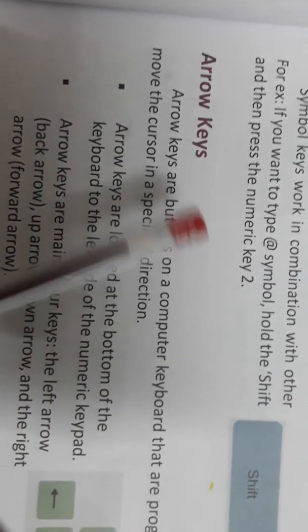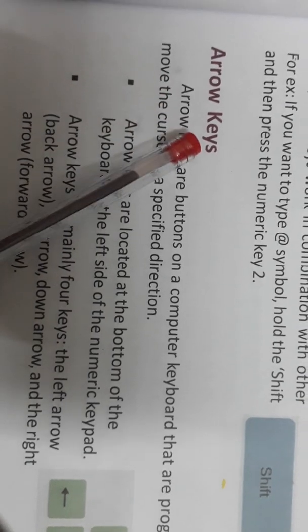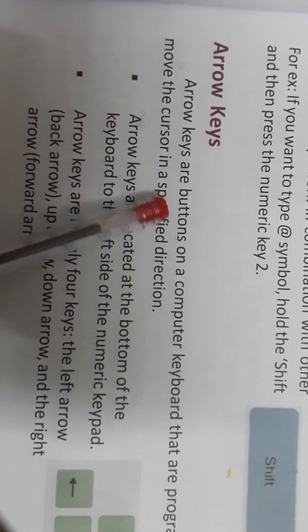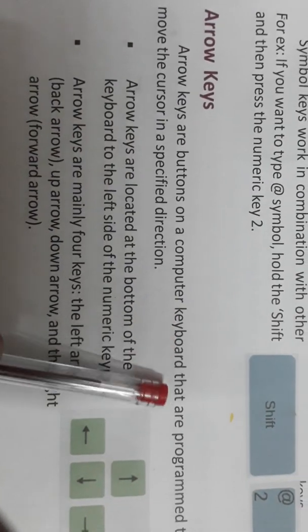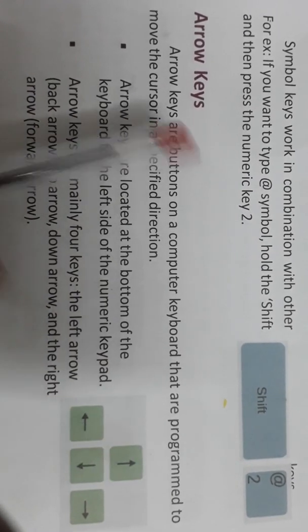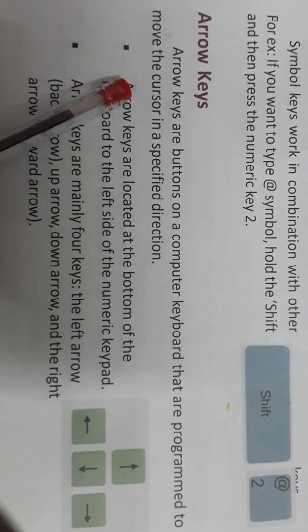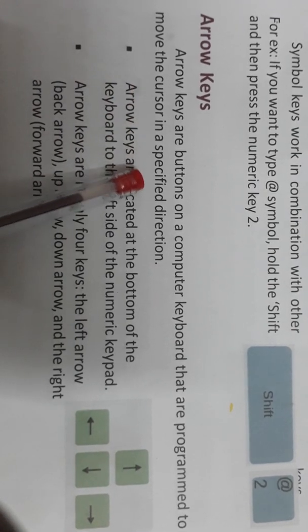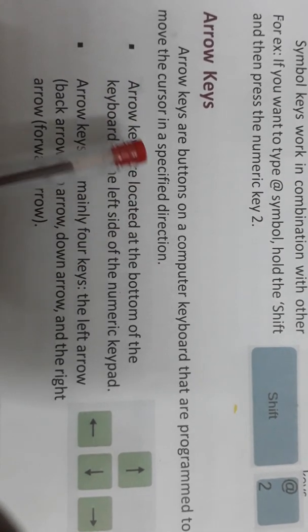Please read it. Arrow keys. Arrow keys are buttons on a computer keyboard that are programmed to move the cursor in a specified direction.